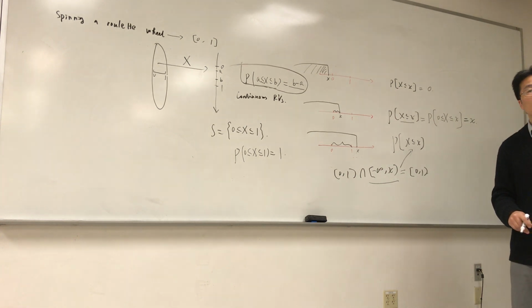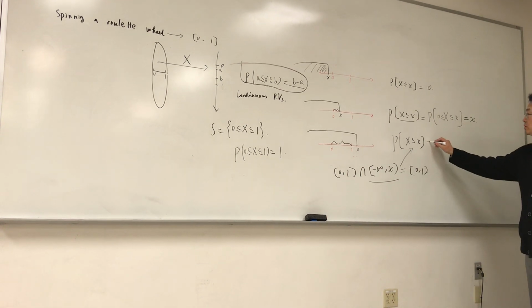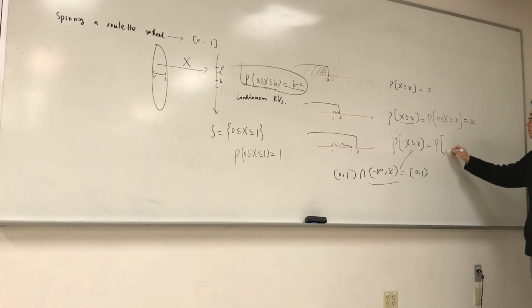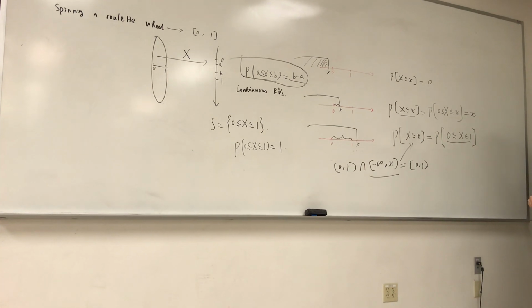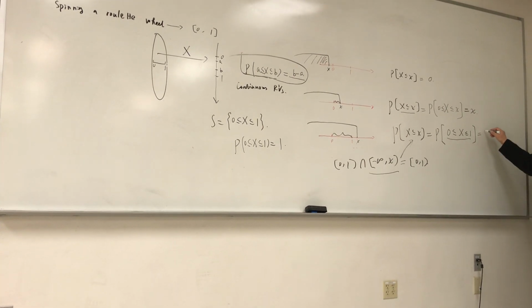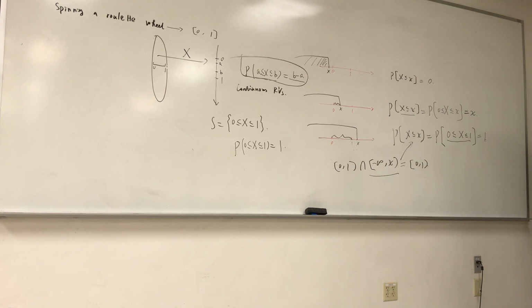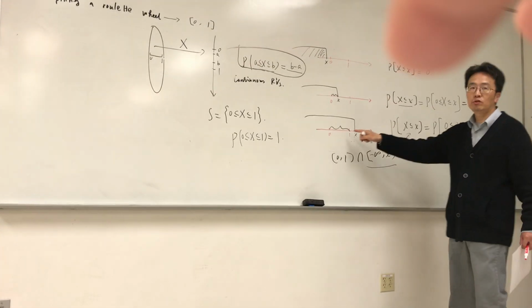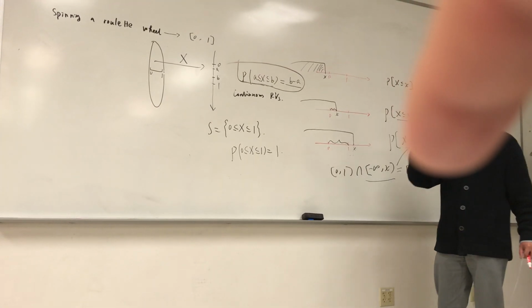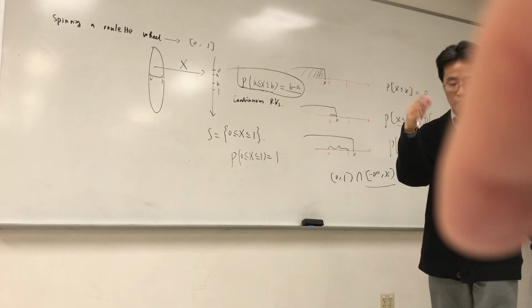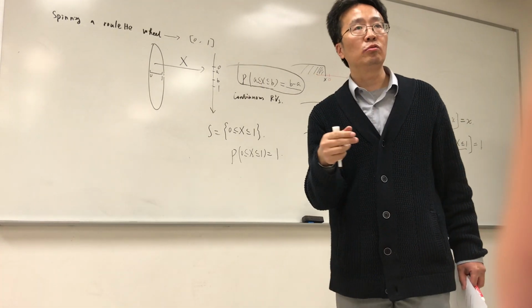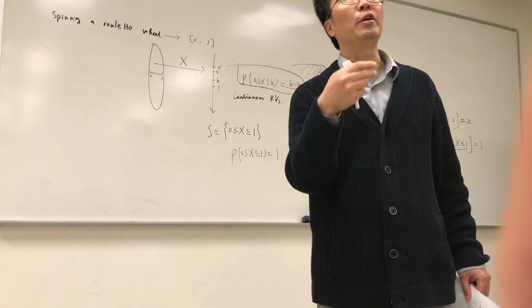Okay? So in other words, in this case, it equals the sample space, which is 1. Because the key here you have to keep in mind is the sample space. Any value outside of the sample space would be 0, probability-wise.